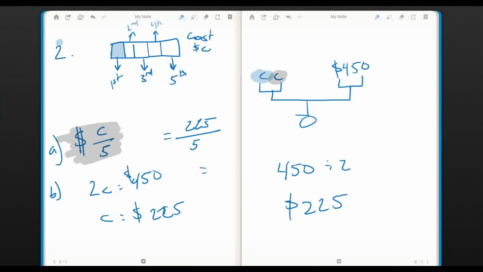How do you do 225 divided by 5? Probably been a while since you've done it. Let's talk about that for a moment. I'll do it over here and I'll do it in orange.